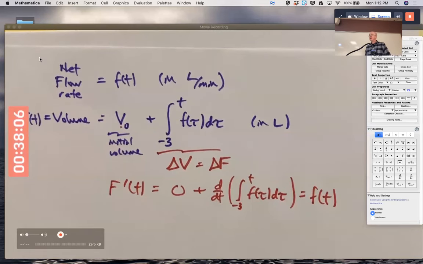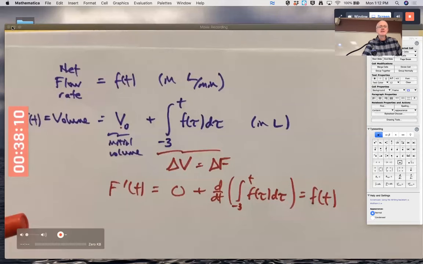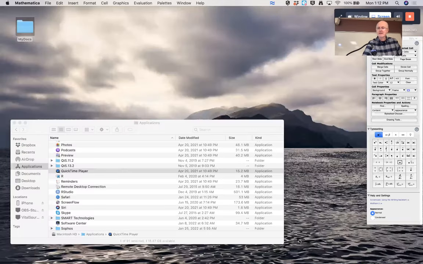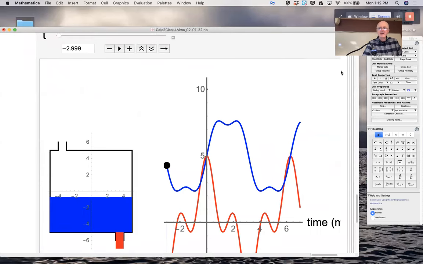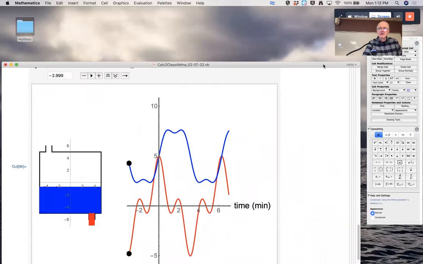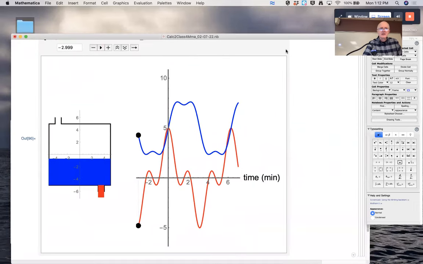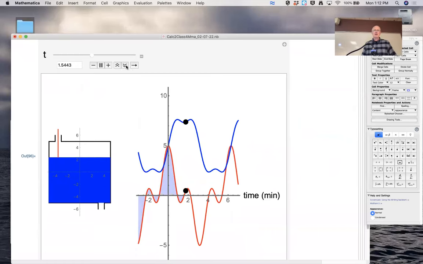All right, we're about to watch an animation showing the relationships between these things. Run the code here. Maybe run it slow. Look for patterns. What do you see?